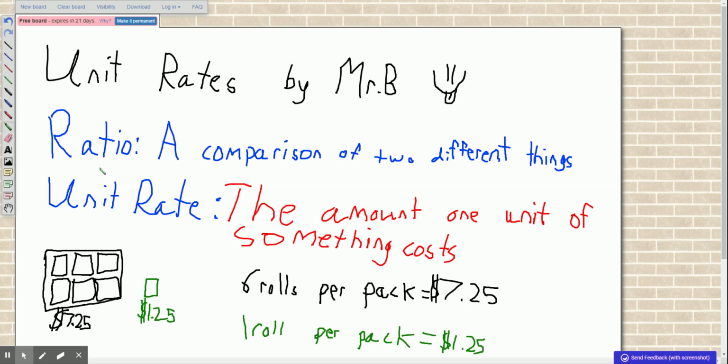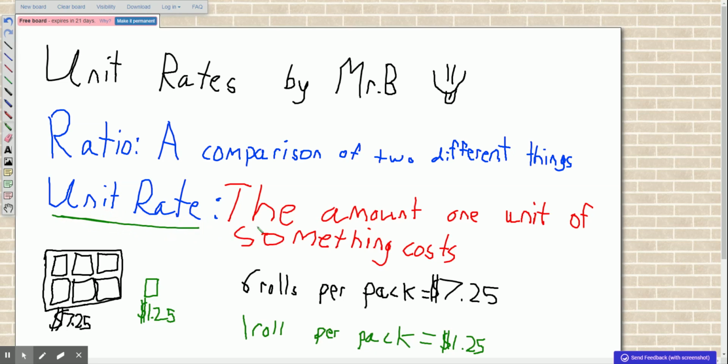And so the first term, ratio, is just simply a comparison of two different things. You can think of that as like the comparison of the number of boys in our class compared to the number of girls in our class. And that would give you a ratio. Now, we're mostly going to be focusing today on unit rate.